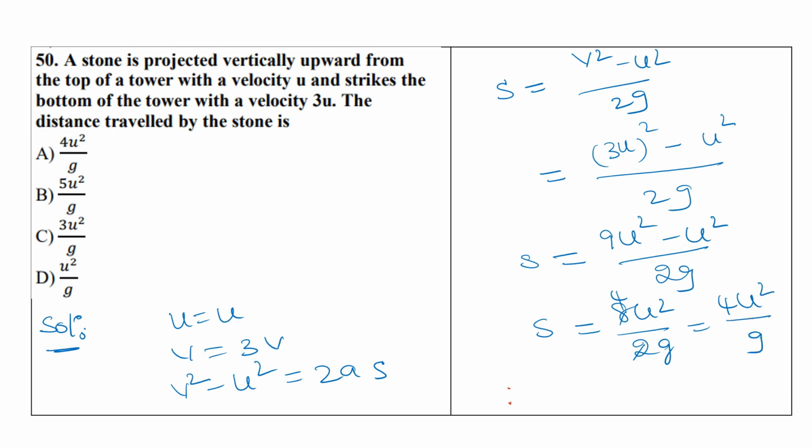Therefore the distance travelled by the stone s is equal to 4u square by g.